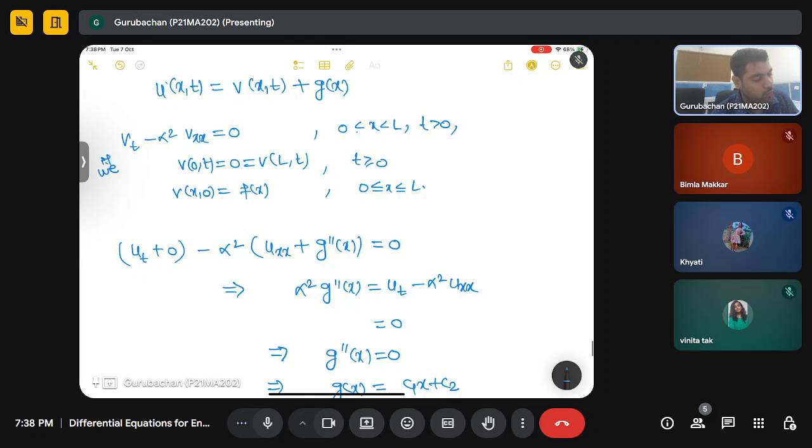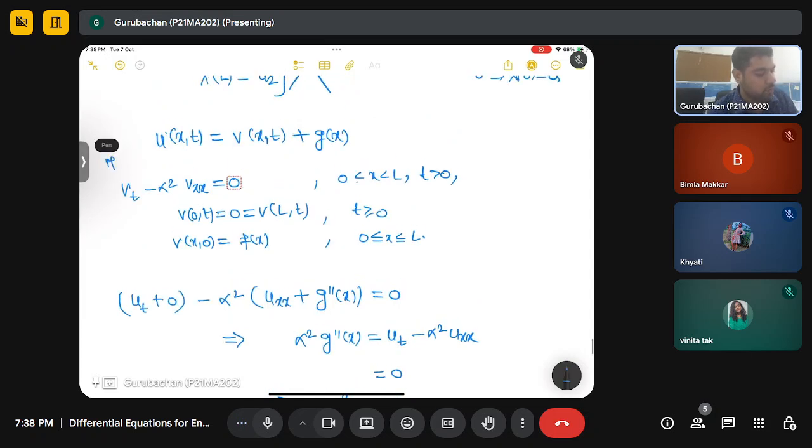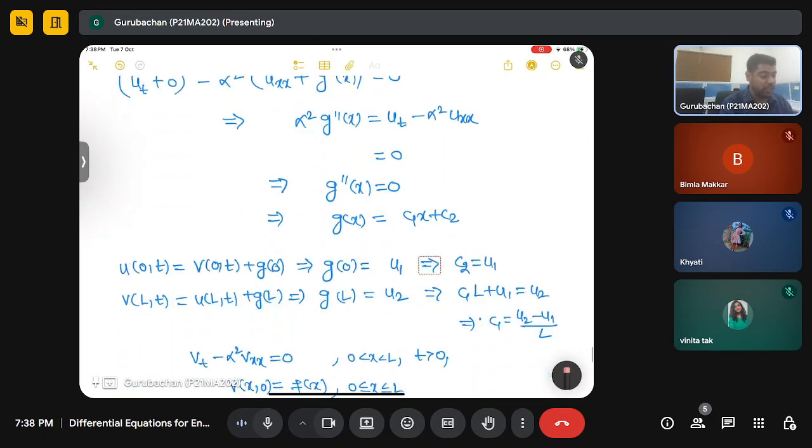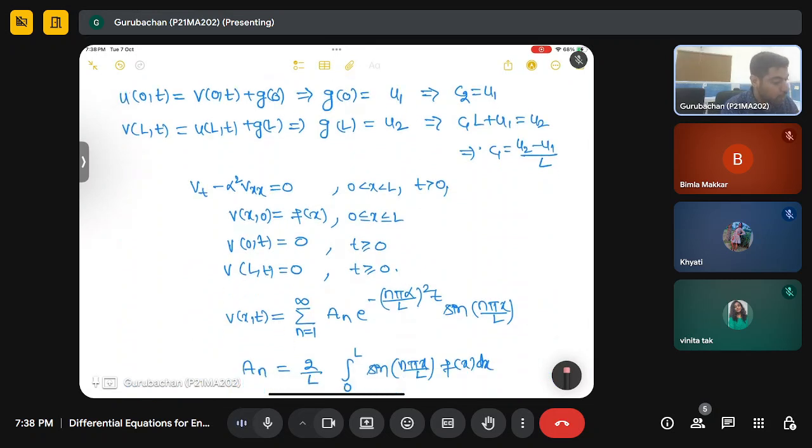If we choose v0t equal to 0 equal to vlt, so we choose a v such that these conditions are holding, only in that case we got this gx. With the help of this gx you may judge that this will not be fx, this will be some f1x.